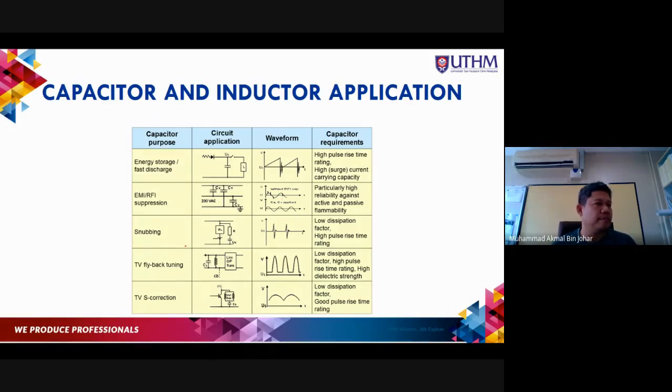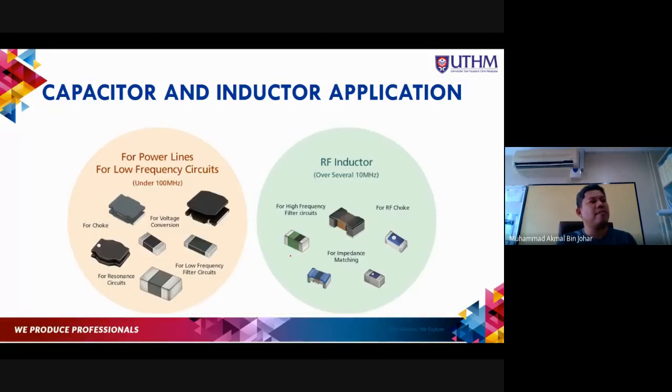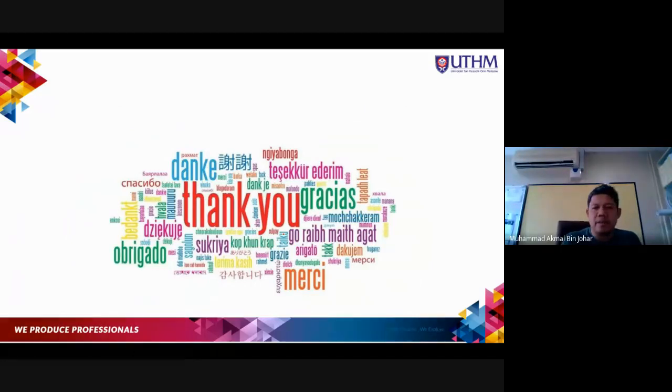AV flyback also using in tuner using inductor and capacitor. So these are some of the example that we use. For power lines or low frequency circuit under 100 megahertz, so we use for choke and resonance circuits. So RF inductor for more than 10 megahertz. For impedance matching also. And I think that's all for today for you to understand the basic and the fundamental of inductor.